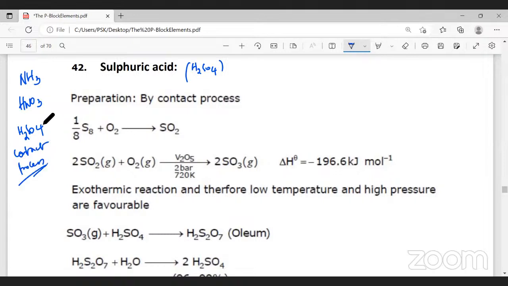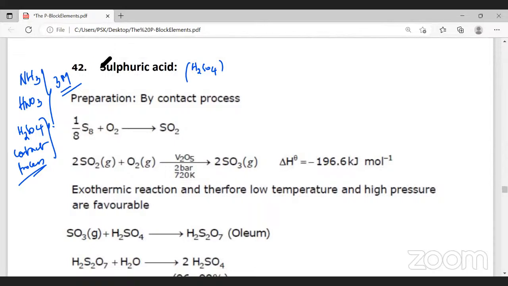So in these 3, 1 question is compulsory for 3 marks. So it's easy to score 3 marks from this chapter. Even though it's a lengthy chapter, it's easy to score 3 marks, because I hope that ammonia and nitric acid synthesis we have learned. And we will learn today the preparation of sulfuric acid.